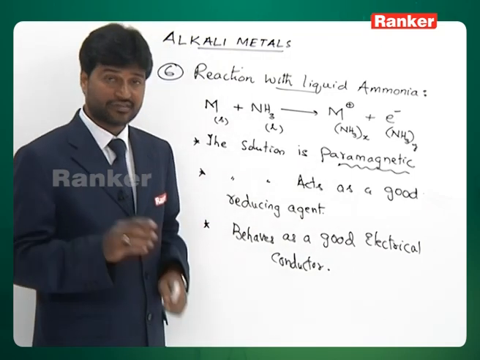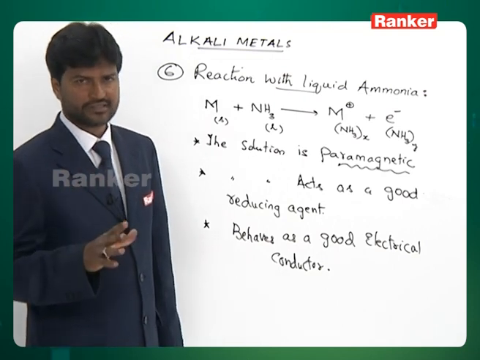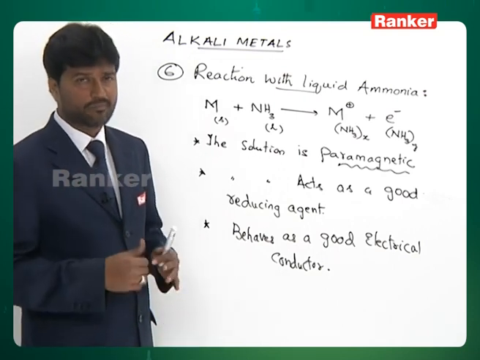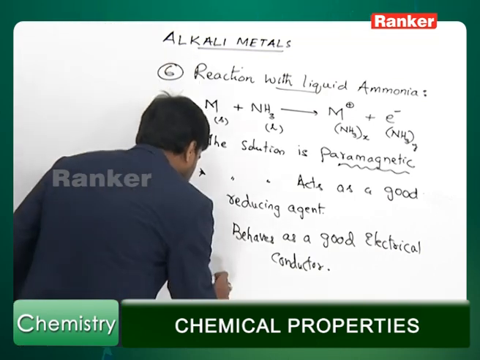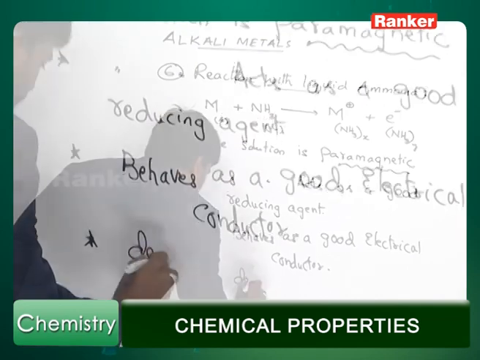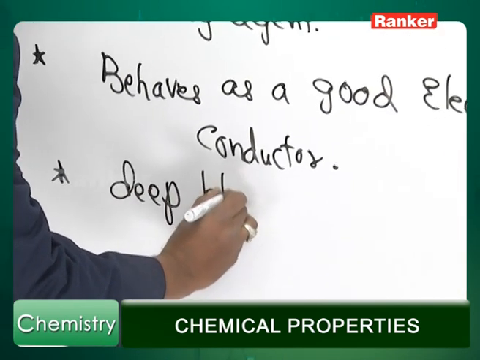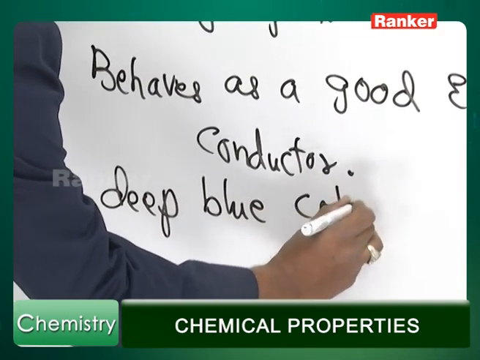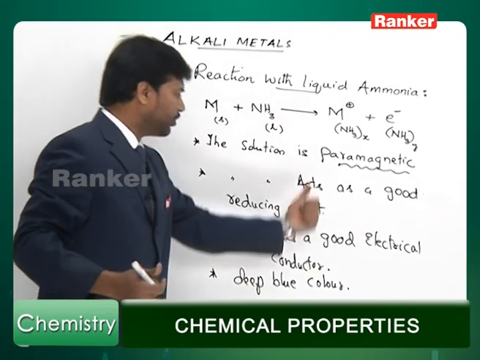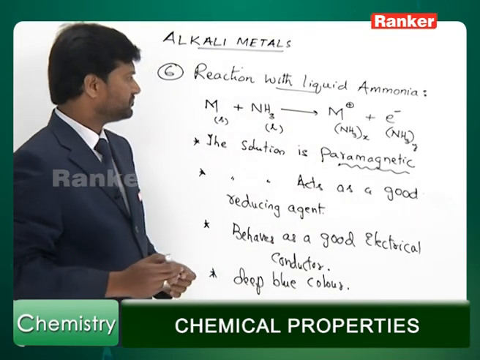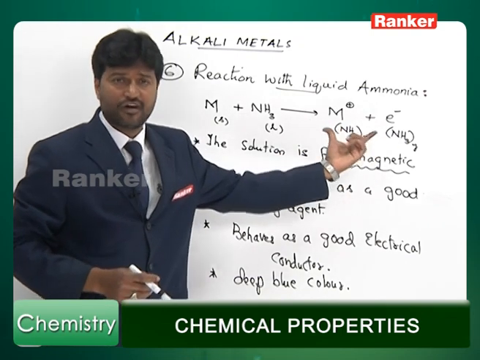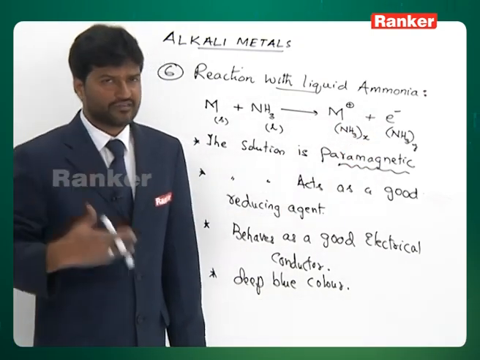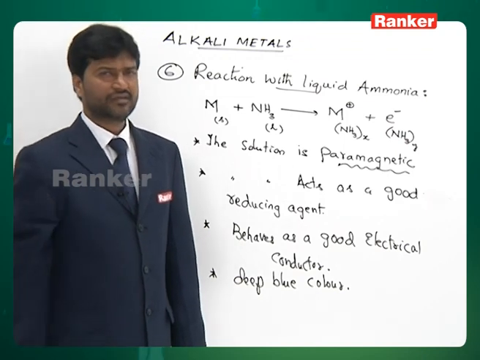On increasing concentration, it becomes diamagnetic and the color changes to bronze coloration. These are the 4 important properties of this solution. All these are explained on the basis of this assumption of presence of solvated cations and solvated electrons.